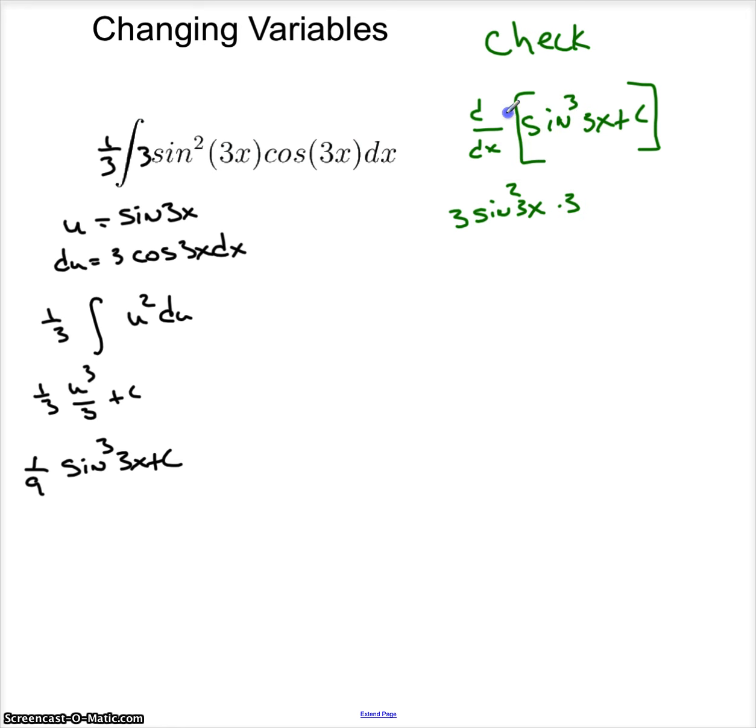You know what I left off? I left off my 1/9, didn't I? Kind of need it. Okay, times 3 cosine 3x, and I've got my 1/9 here, plus 0. The 3's cancel into my 9, so I'm left with cosine 3x sine squared 3x. And lo and behold, it agrees.